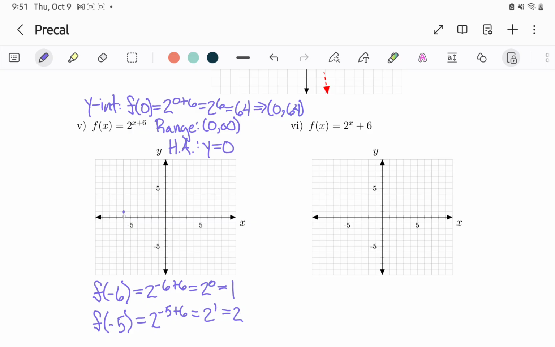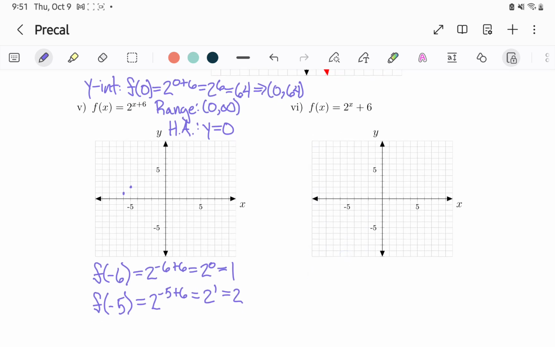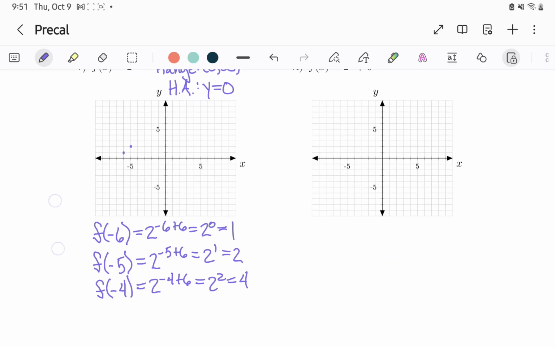So our graph goes through the point -5, 2. f of -4 is going to equal 2 to the -4 plus 6, which equals 2 squared, which equals 4. So our graph is going to go through the point -4, 4, which is going to be right there.